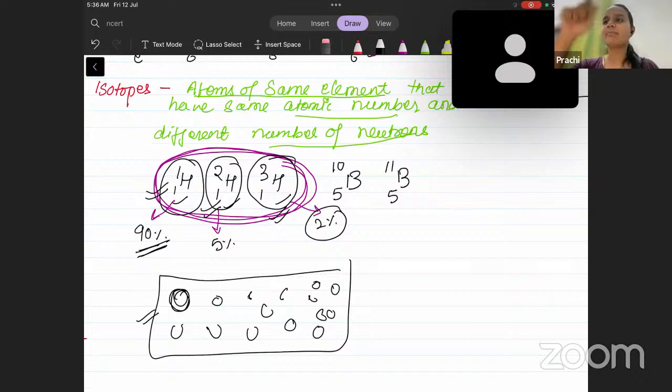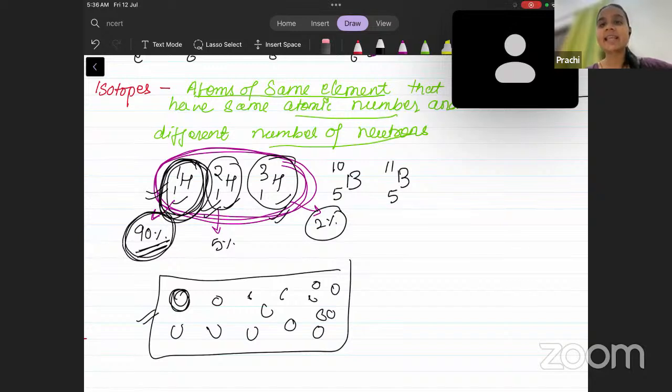So she picks one atom and we'll see which isotope that is. The chances are that the atom she might have picked is the first one, because this is the one which is existing in maximum number, or we can say the abundance of this isotope is maximum in nature.